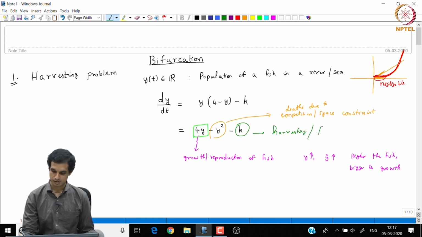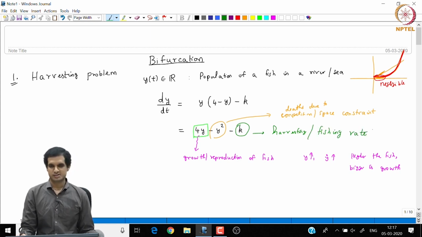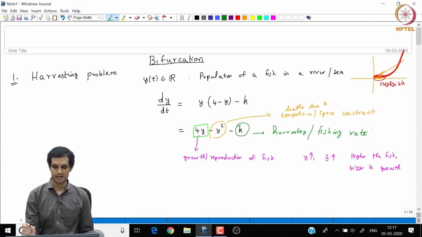What this reflects is that somebody is fishing the river or sea where the fishes are living. So, they keep on depleting the fish at a constant rate k.